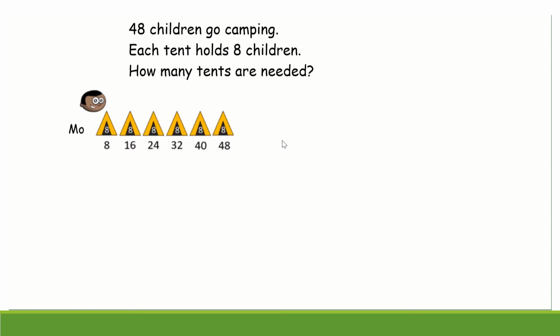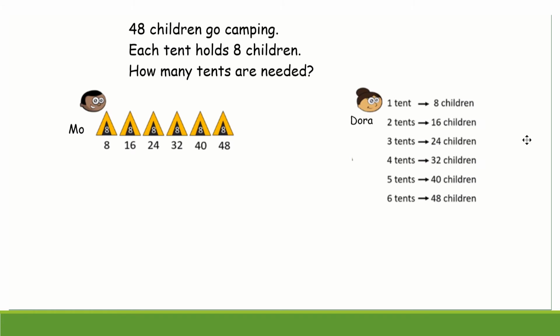Let's take a look. Mo has drawn some tents and counted on in 8s until he reaches 48. He can see that he will need 6 tents altogether. 1, 2, 3, 4, 5, 6.